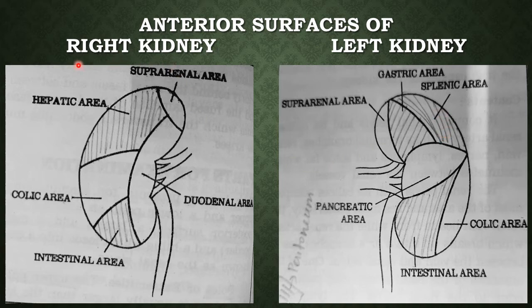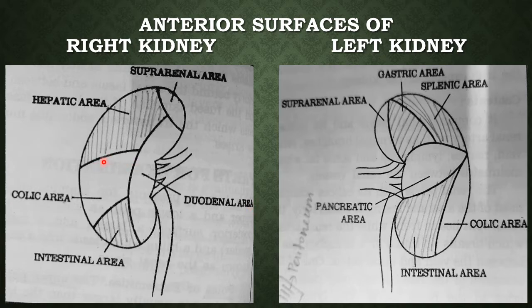Next is the right kidney. Here in the right kidney, again the upper pole is covered by the suprarenal gland. Then at the hilum part, the complete medial border is covered by the duodenal area.